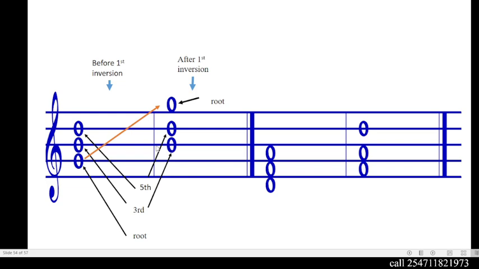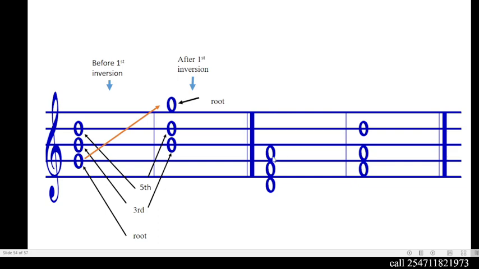Then the fifth becomes the second note. Then the root moves an octave higher. The root that was G moves an octave higher to the upper G. So it becomes a first inversion.